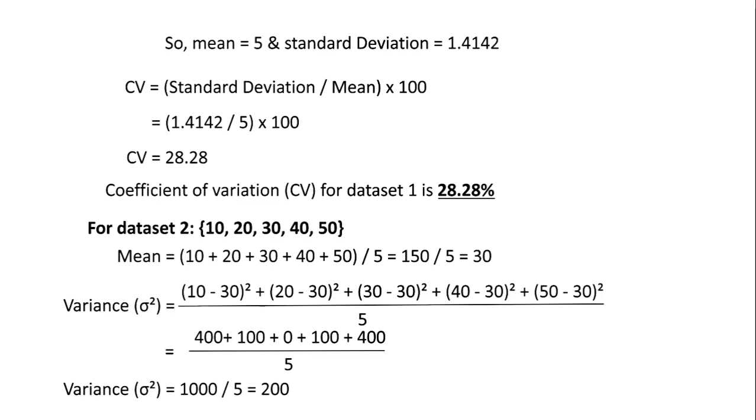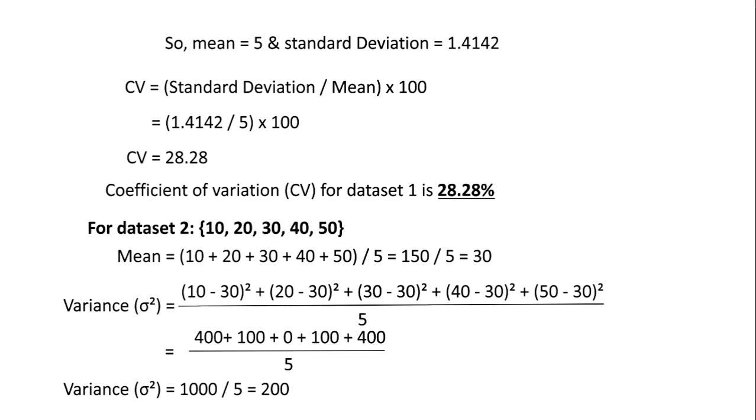For data set 2, 10, 20, 30, 40, 50. Mean equals 10 plus 20 plus 30 plus 40 plus 50, by 5 equals 150 by 5 equals 30.